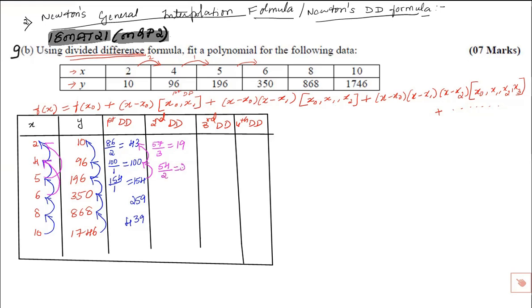So the answer is 27. Next, 259 minus 154 divided by this length, you will get the answer as 35. And the last one, 439 minus 259 divided by 10 minus 6, that is 4, you will get 45 as the answer.